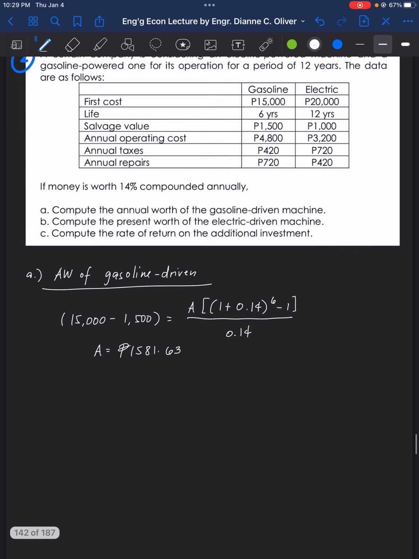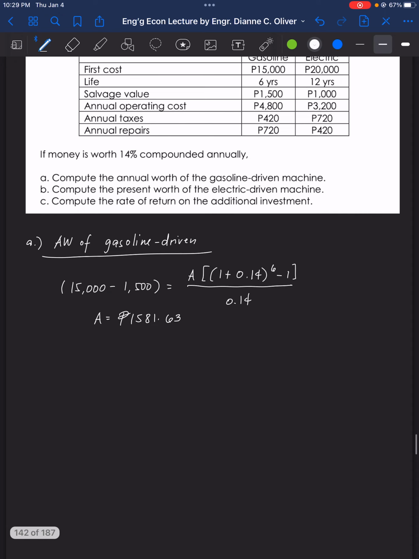And what else we have here? So depreciation 1,581.63. The annual operating cost 4,800.